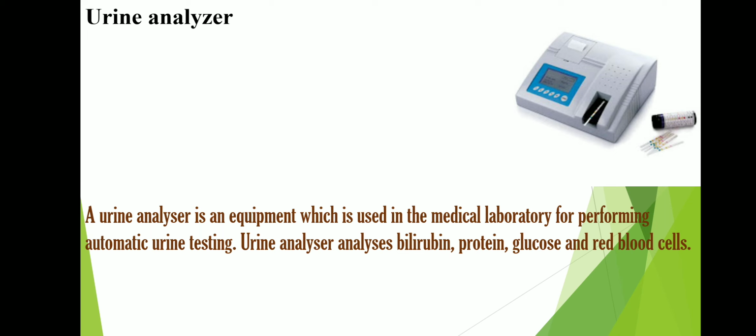You can see this is a digital machine where you don't have to go for test tubes and reactions within the test tube or beaker. You just have to put your sample in this analyzer. There will be a sample loading space where you load your sample and reagent, and the values will be determined by the urine analyzer.